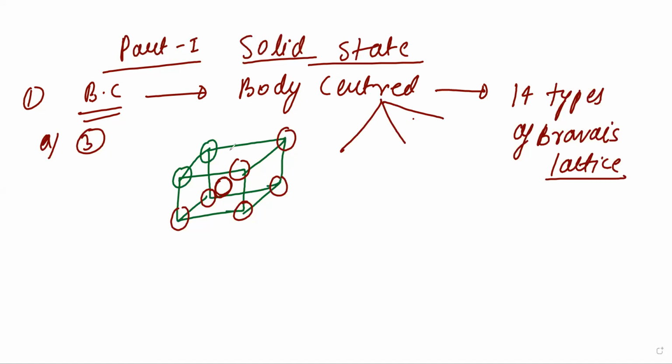So when one atom is kept in the middle of this cubic unit cell, this first type will be cubic, next will be tetragonal, and third will be orthorhombic.